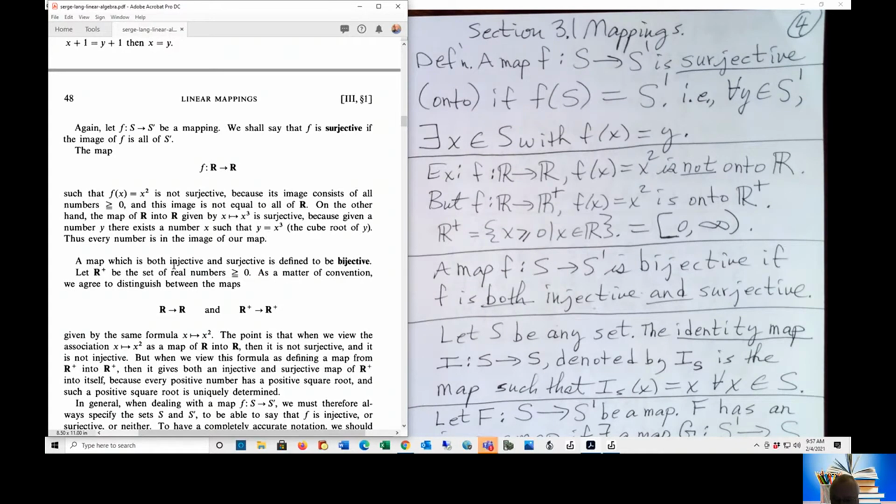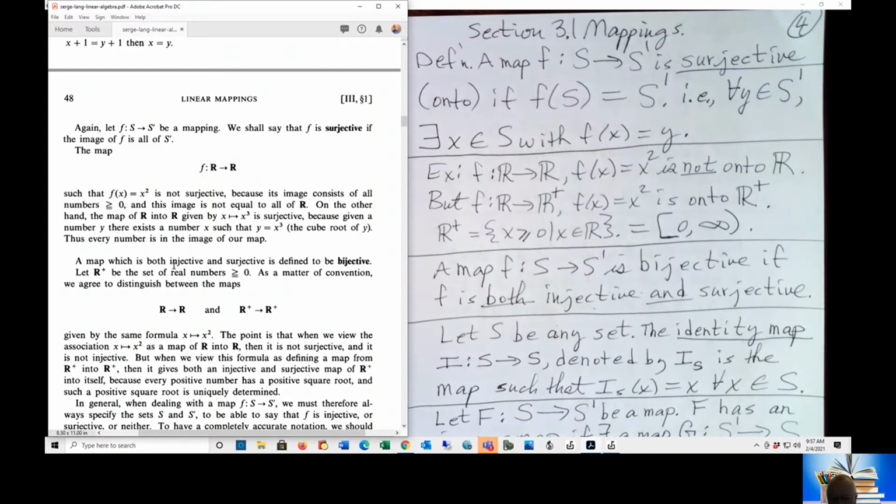One-to-oneness can depend on the restriction of the domain, and onto, or surjective, can depend on the restriction on the codomain. And then finally, a mapping F is bijective if it's both injective and surjective.